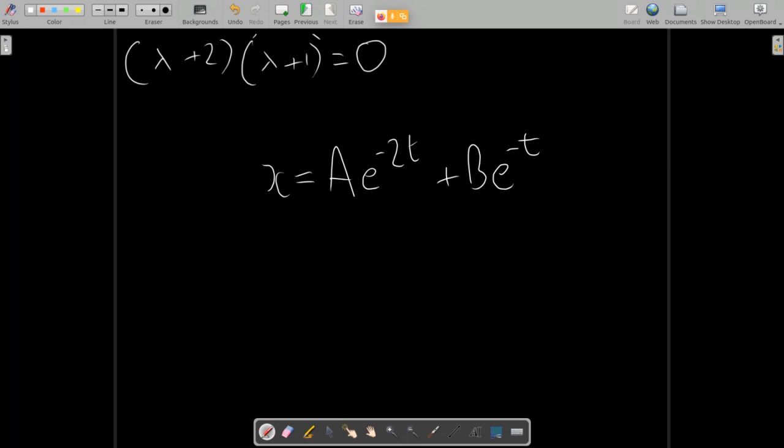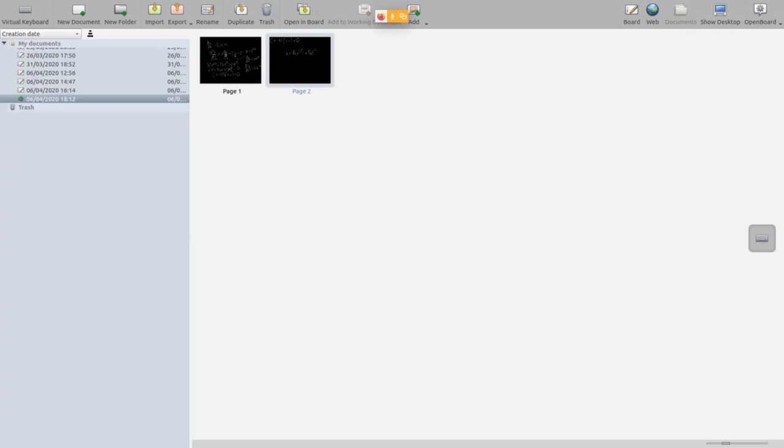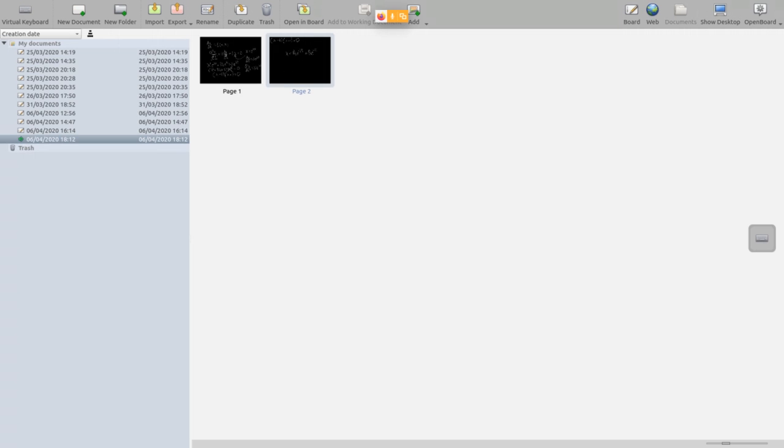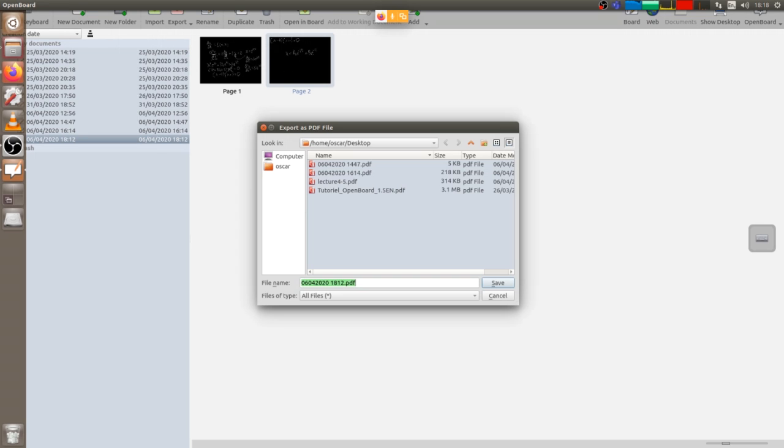Now at the end of all of that, after the lecture, for example, I could go to documents here and export these boards as a PDF. So I can do export to PDF, and that will go on my desktop.